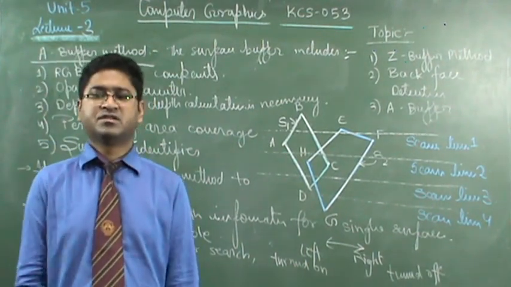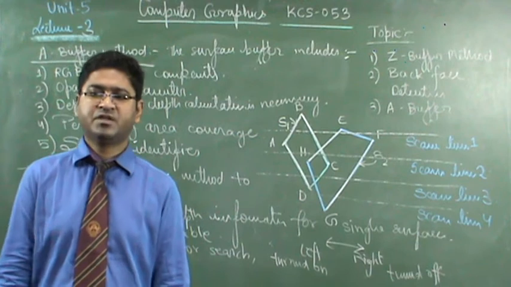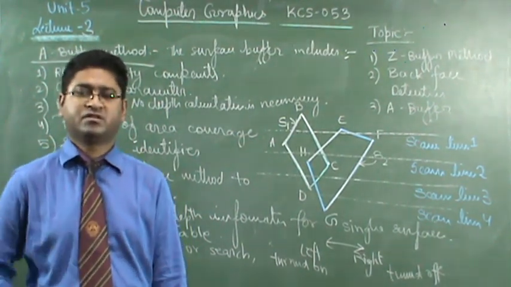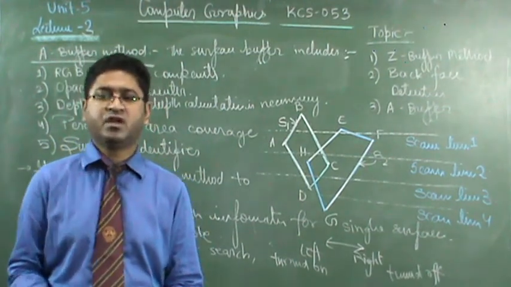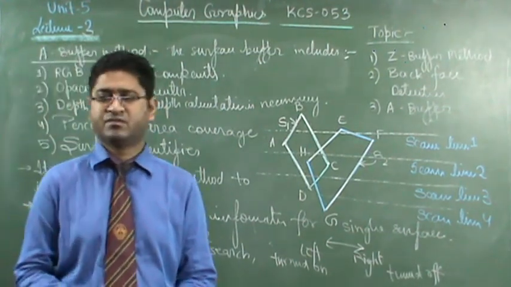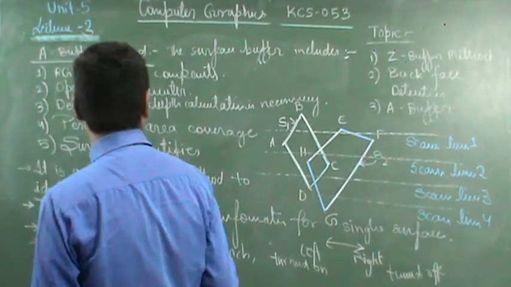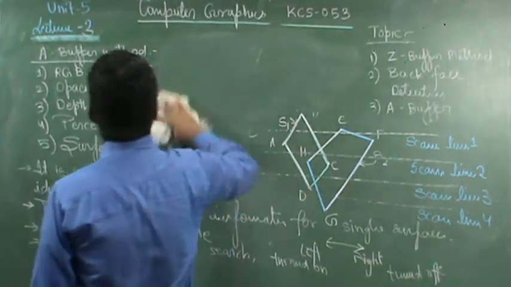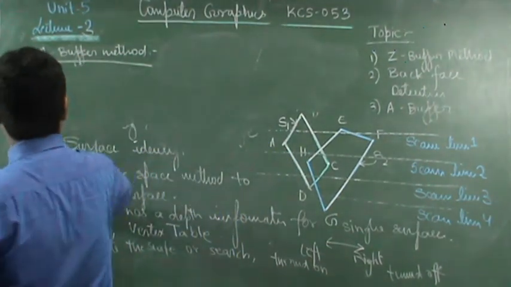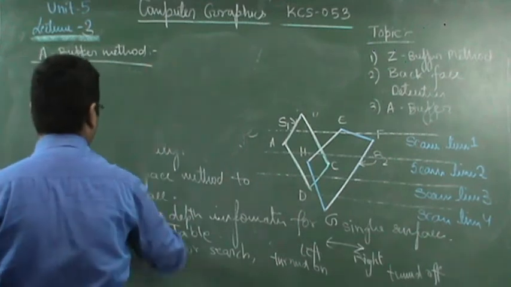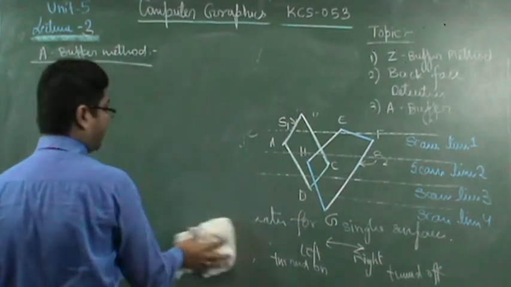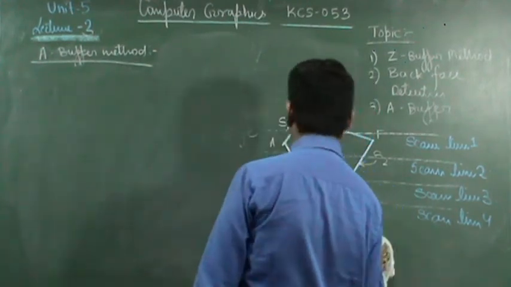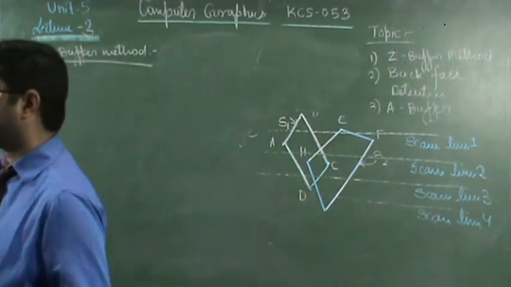So depth calculations must be made using the plane coefficients for the two surfaces. For this example, the depth of surface S1. So let us take the particular values, and see how these operations and steps are going to affect the surface.